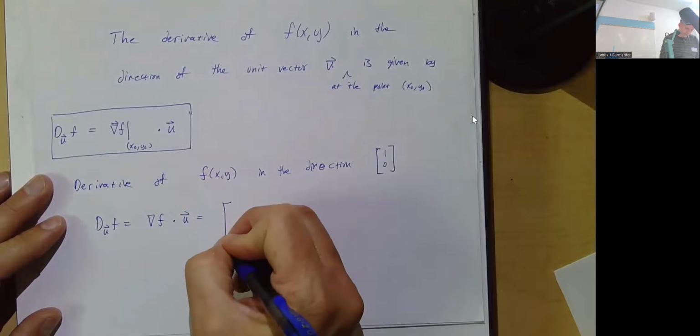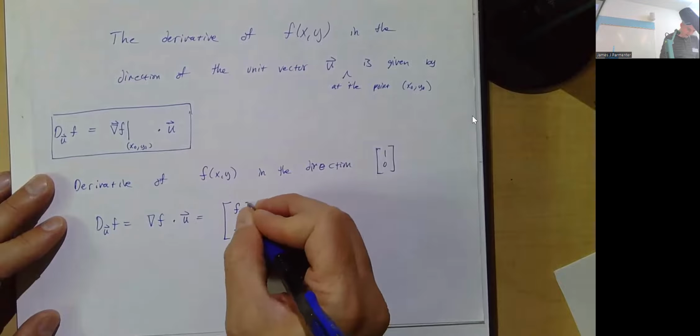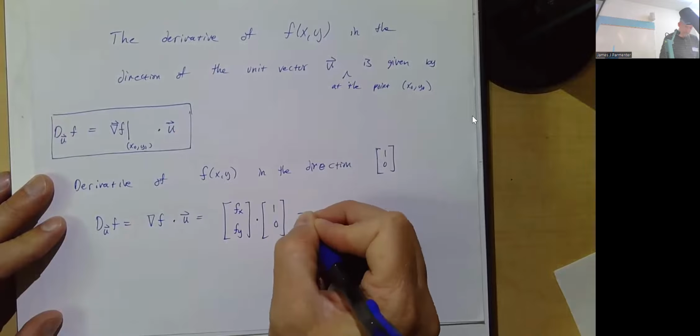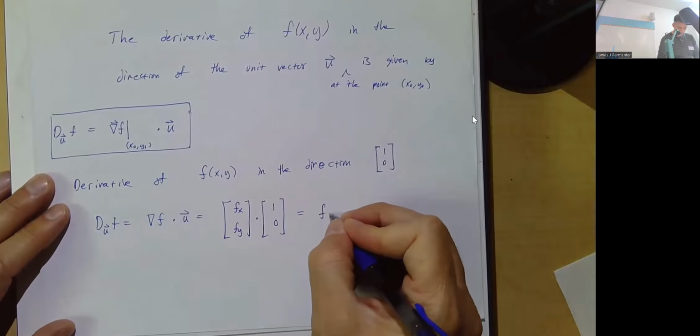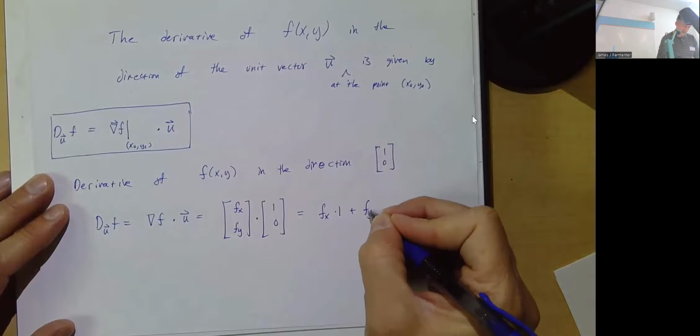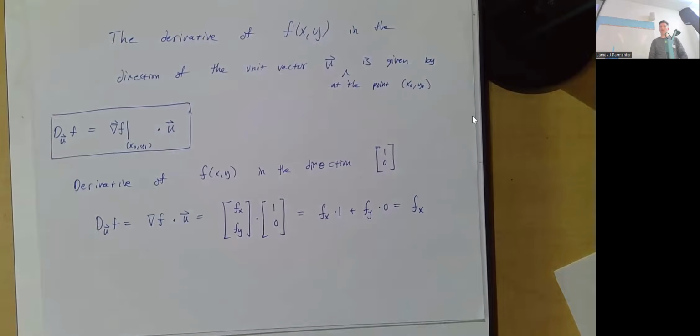The gradient is the partial of f with respect to x, partial of f with respect to y, dotted with the unit vector (1, 0). That ends up being the partial of f with respect to x times 1, plus the partial of f with respect to y times 0, which is just the partial of f with respect to x. So it totally makes sense that the partial derivative of f with respect to x is the directional derivative of f in the direction of x.